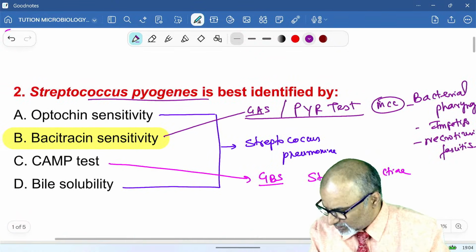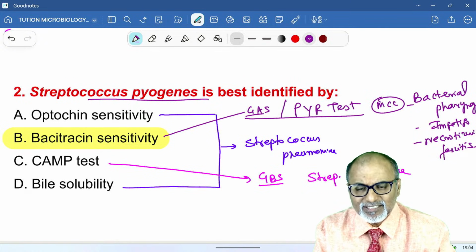So Streptococcus pyogenes is best identified by bacitracin sensitivity.